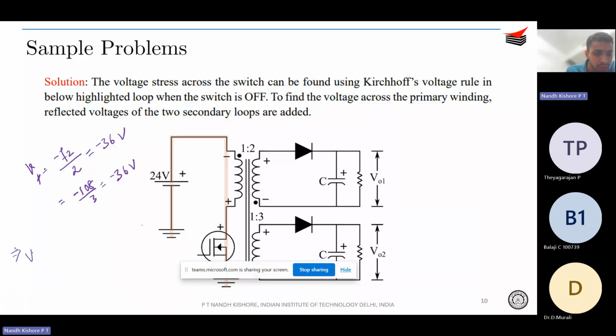Therefore, your switch blocking voltage, or VQ, is Vi plus mod Vp. Vi is 24 and Vp is 36. This gives you, I'm sorry, not 72.